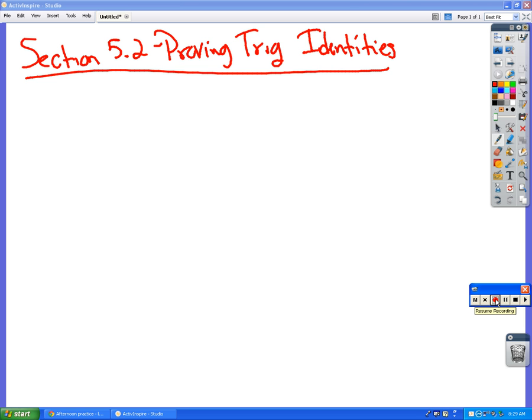Alright, so the next section here is pretty much the same as what we've been doing. I'm sure you'll be happy to hear that. The only difference is that now instead of having one thing that you're going to try and simplify down as far as low as you can go, you're going to have two things that are equal to each other.